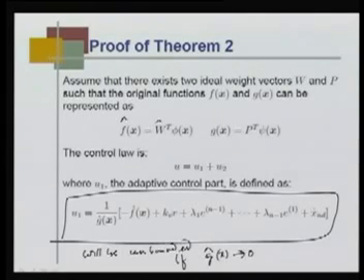Just to avoid this, because if the control input becomes unbounded, you can't actuate any physical system, and any input has to be finite and bounded.